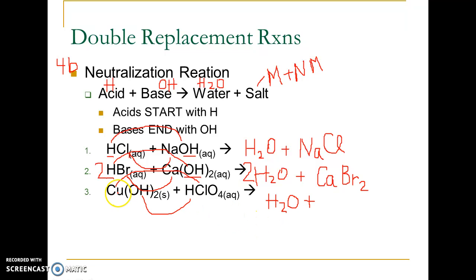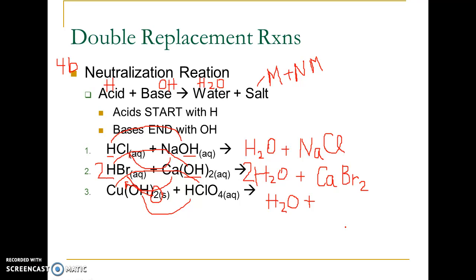And then my outsides, I have copper and perchlorate. Now, copper is a transition metal, so I have to figure out what its charge is. I'm going to use the cheat way. Y'all know what the cheat way is. I'm going to look here at this subscript, and I'm going to say it belongs to copper. Okay, so copper has a +2 charge.